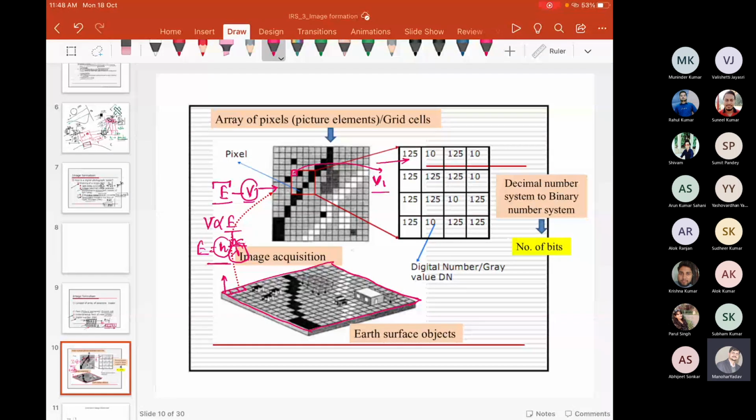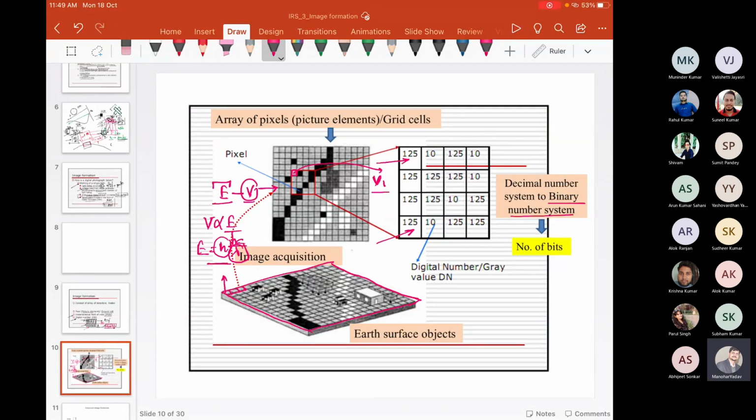Now, if you see the representation over here, each cell is represented by a decimal number. We call them a digital number, but they are stored on the disk in a binary number system.